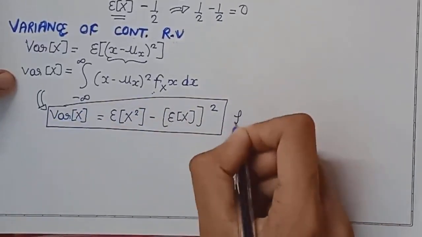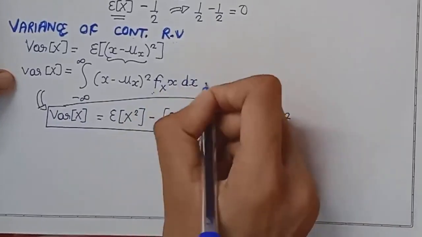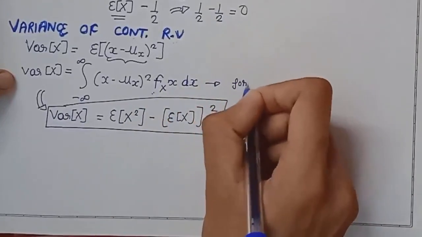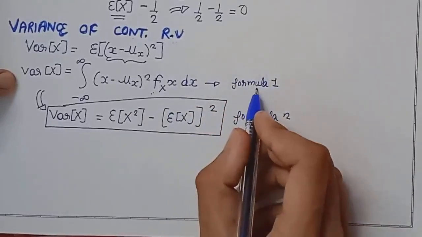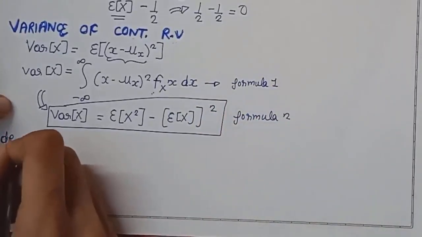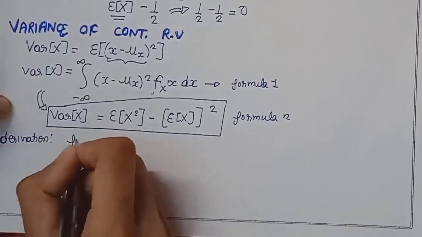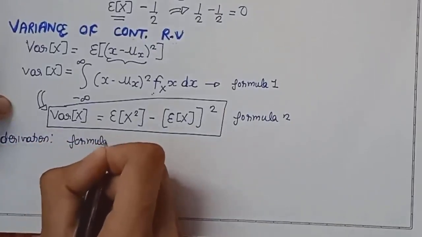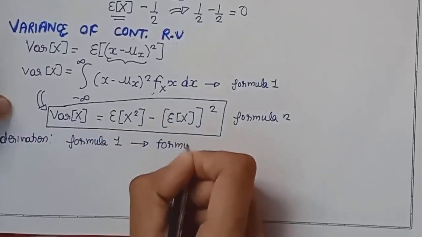So this is formula 2, and this is formula 1, or you can say this is property 1 and this is property 2. So now let us see the derivation, how from formula 1 we reach formula 2.